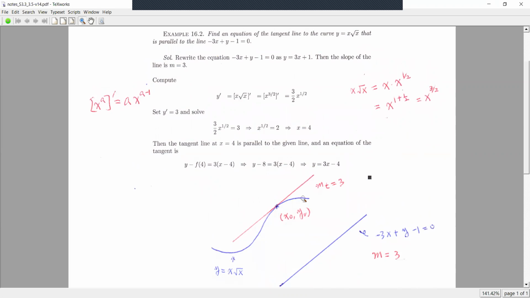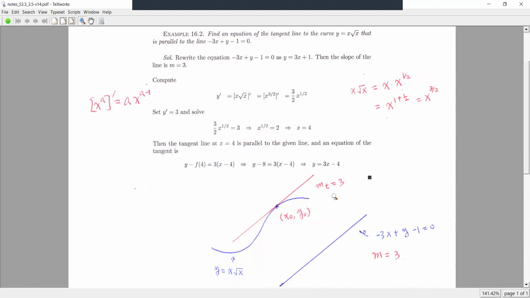On the curve, somewhere on the curve, the tangent line there is parallel to this given line. Now we need to write down the equation of this tangent line. Because the tangent line is parallel to the given line, and the given line's slope is 3, the slope of the tangent line is 3.